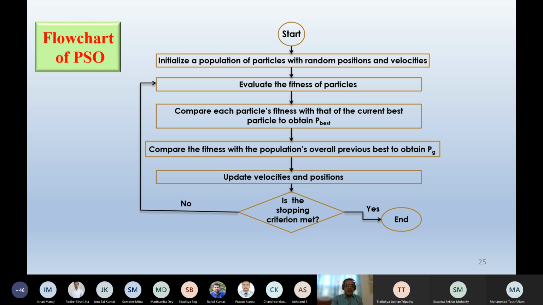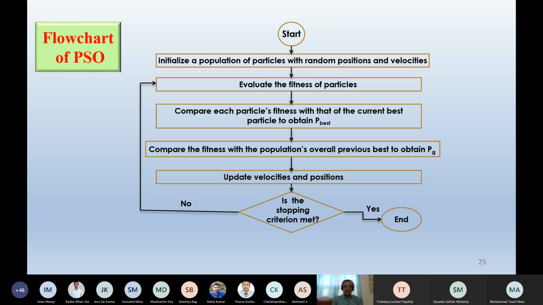Now we start with an initial population of particles with random positions and velocity. We evaluate the fitness of the particle. Compare each particle's fitness with that of the current best to obtain the P best, the personal best.